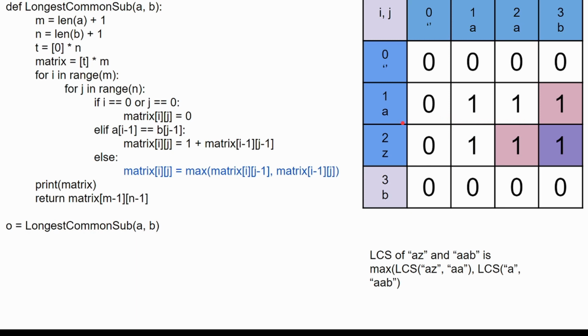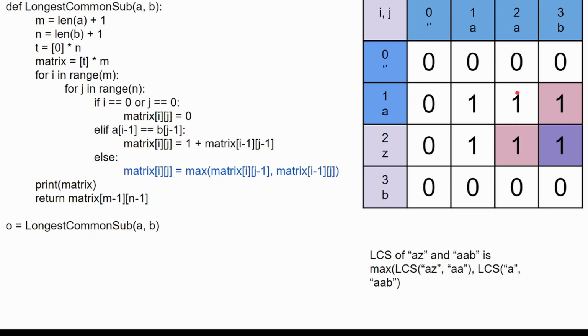Now we have AZ and AAB. Since the Z and the B are not the same, you have to look at AZ and AA, which has a longest common subsequence of 1.